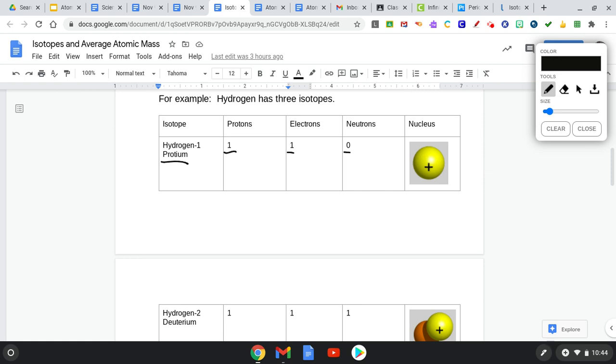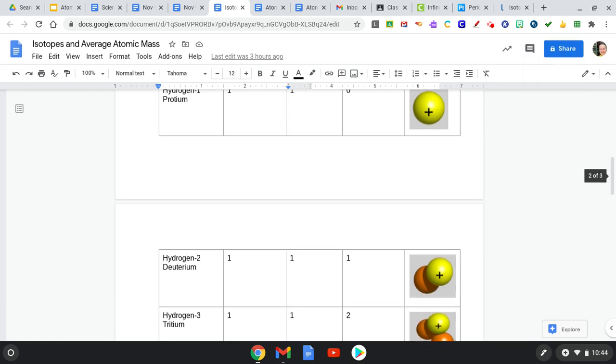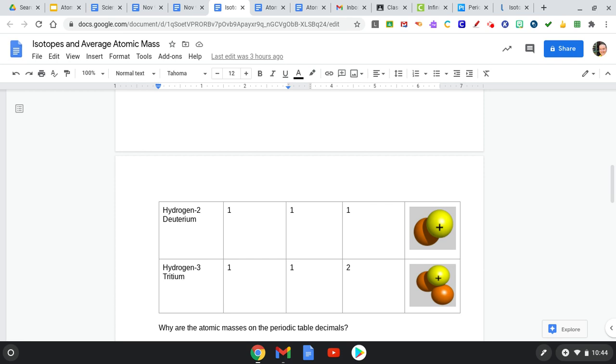Okay? Deuterium is the name that we use for hydrogen 2, which has 1 proton, 1 electron, and 1 neutron. So the mass number of hydrogen 2 is 2. And then we've got tritium, which is hydrogen 3, which has 1 proton, 1 electron, and 2 neutrons.